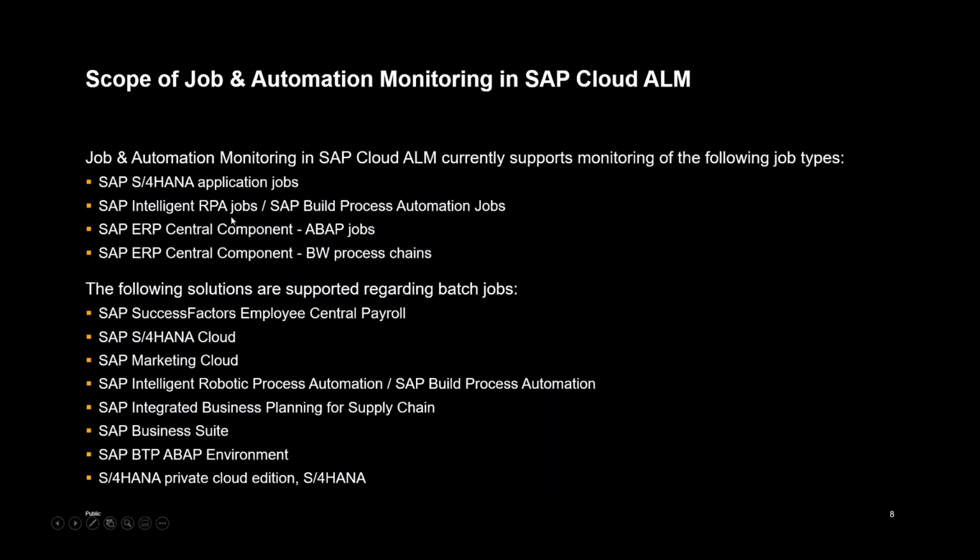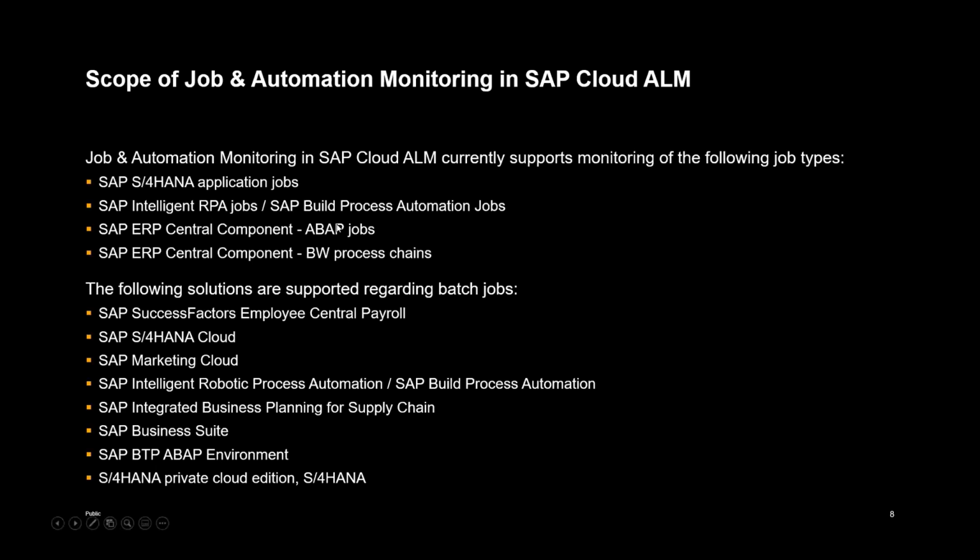On this screen, it is listed what we currently support for different job types, including the on-premise world with ABAP jobs and BW process chains. And this is also very important because SAP Cloud ALM will replace solution managers.